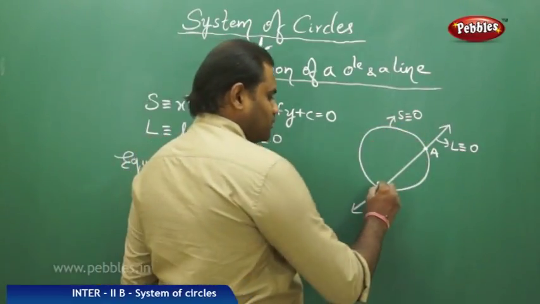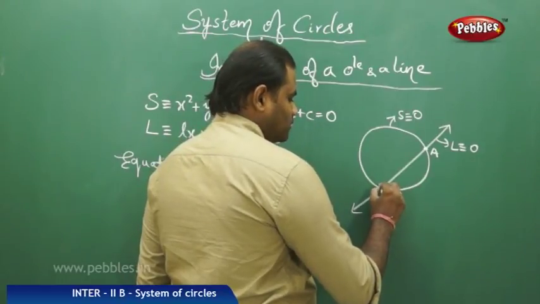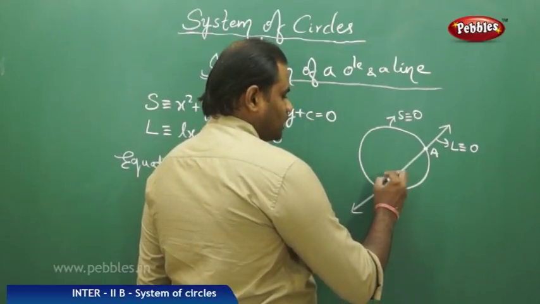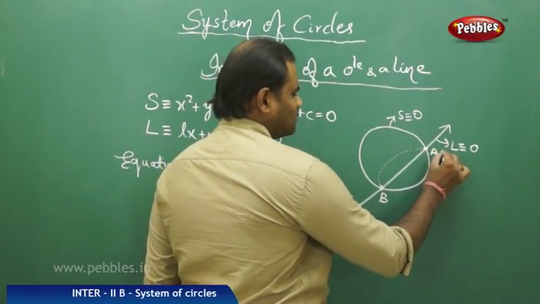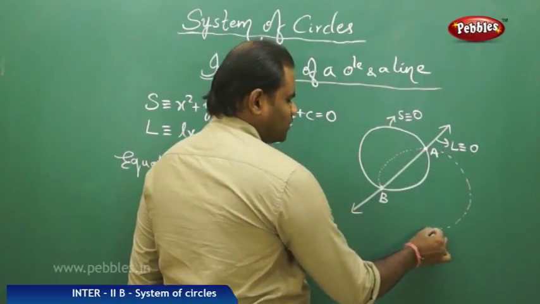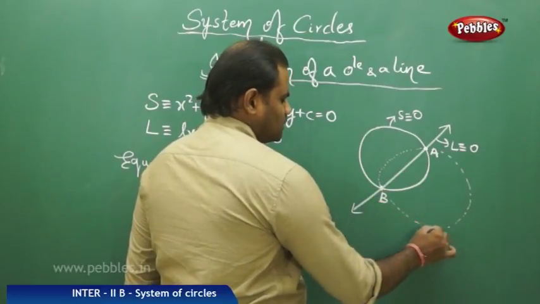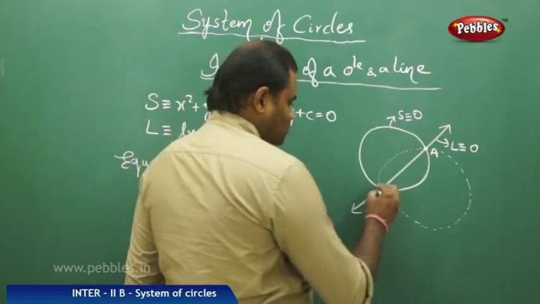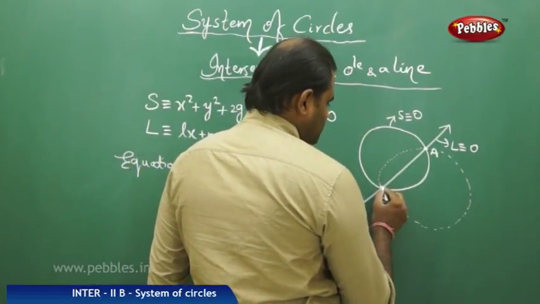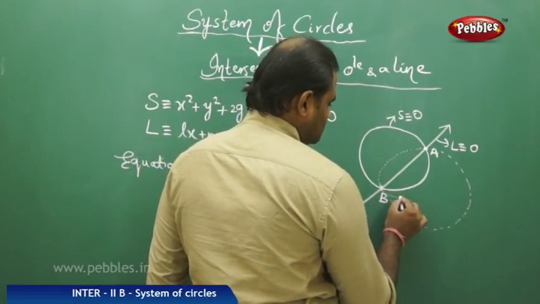So initially if I want to find the equation of a circle passing through this chord AB, or I want to find another equation which is like this.